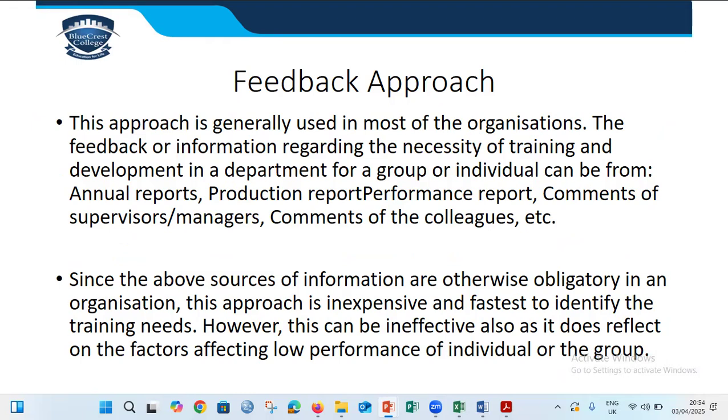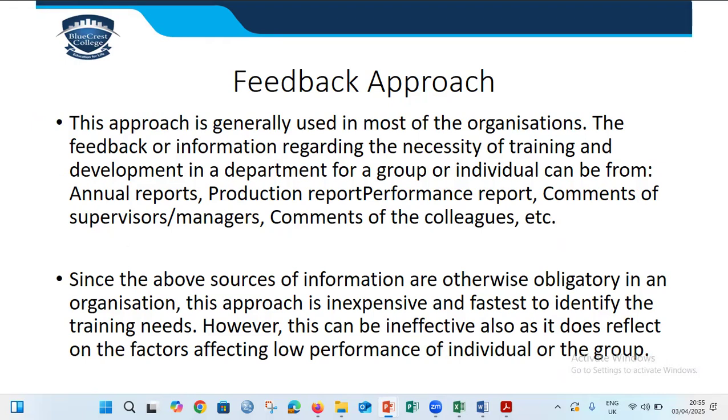The next one is the feedback approach. And the feedback approach is one that is used in most of the organizations. Here, the feedback or information regarding the necessity of training and development in a particular department, or for a group of people or individual, will be coming from maybe a report.